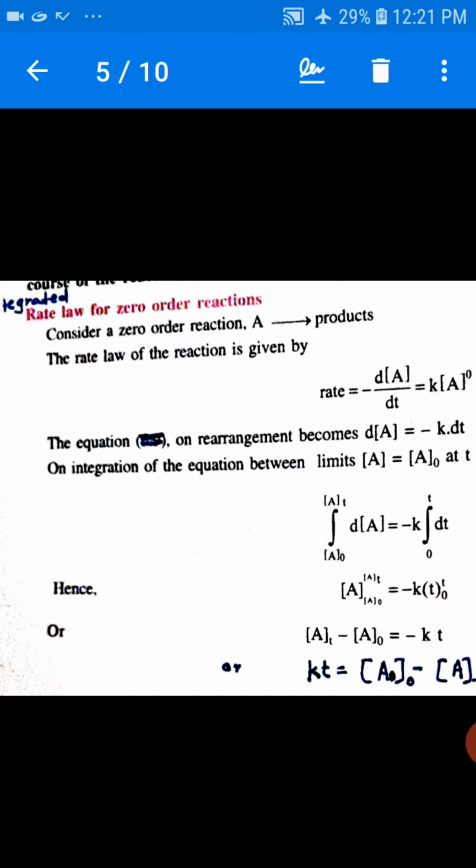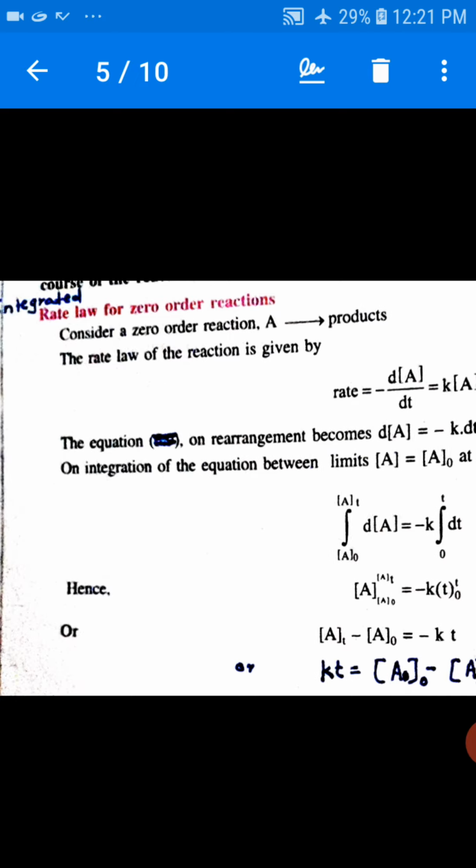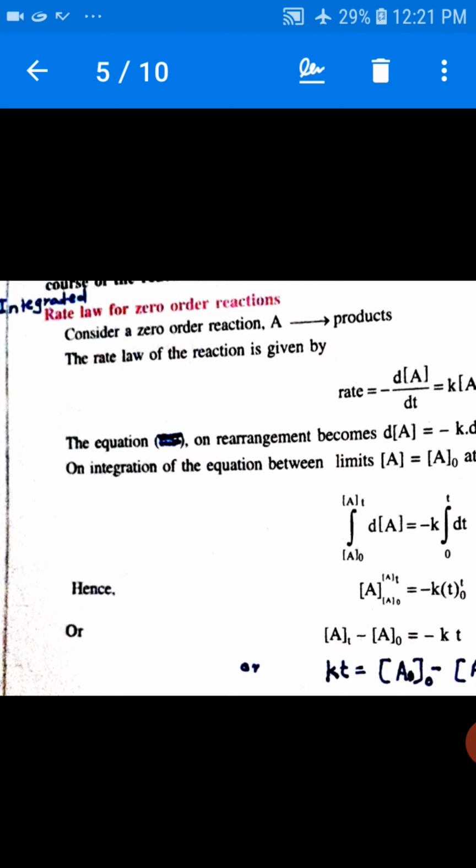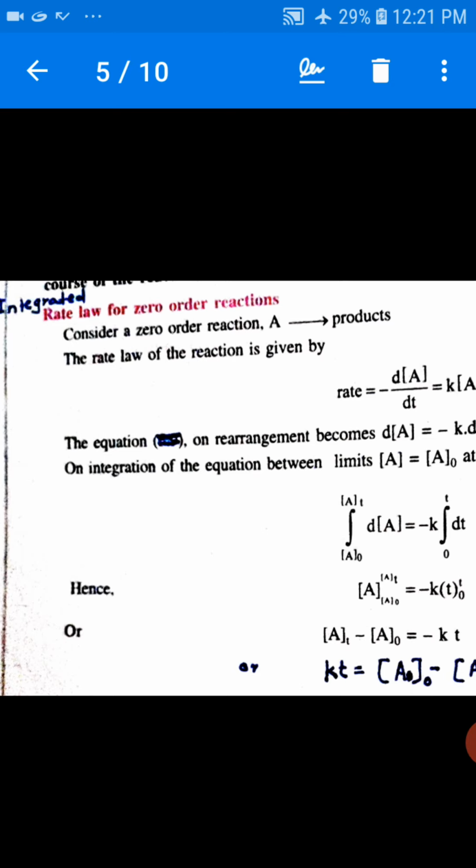This implies that the rate of a reaction remains constant until the reactant has completely converted into products. Therefore, a zero order reaction is defined as the reaction whose rate is independent of the reactant concentration and remains constant throughout the course of the reaction.